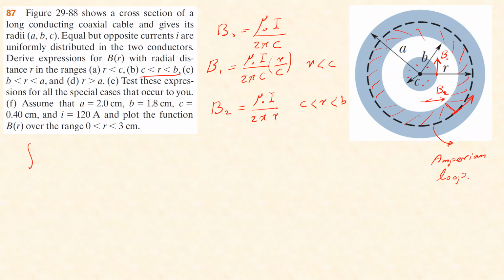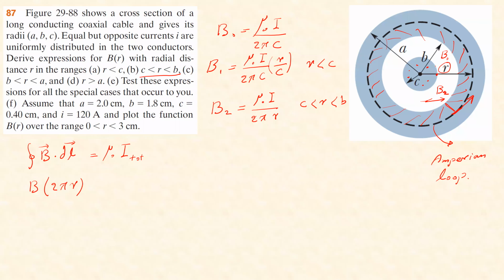If we write for that, we said integral of B dot dl equals mu naught times I total that is inside. So again, we argue that B and dl are in the same direction. So B becomes B times dl, and B is the same everywhere. B comes out. So we have B times integral of dl, which is 2 pi R. R is now this distance that is also shown in the figure.